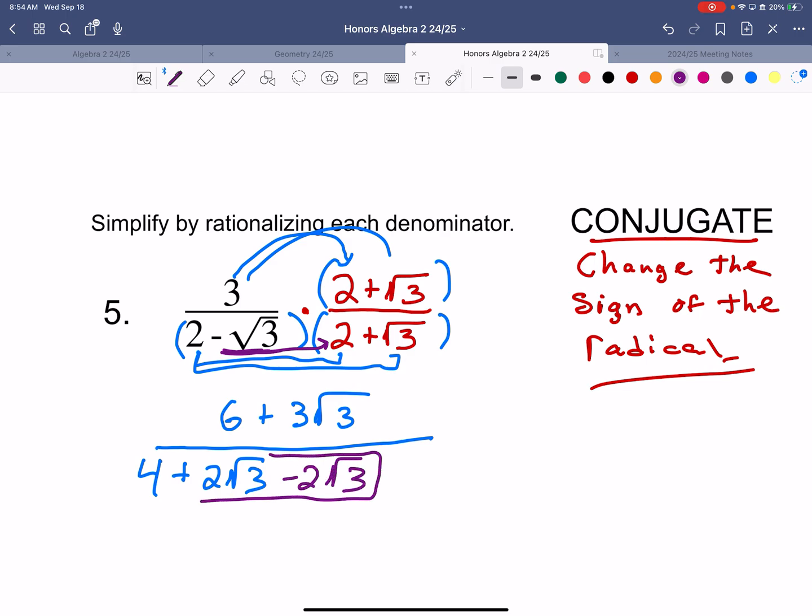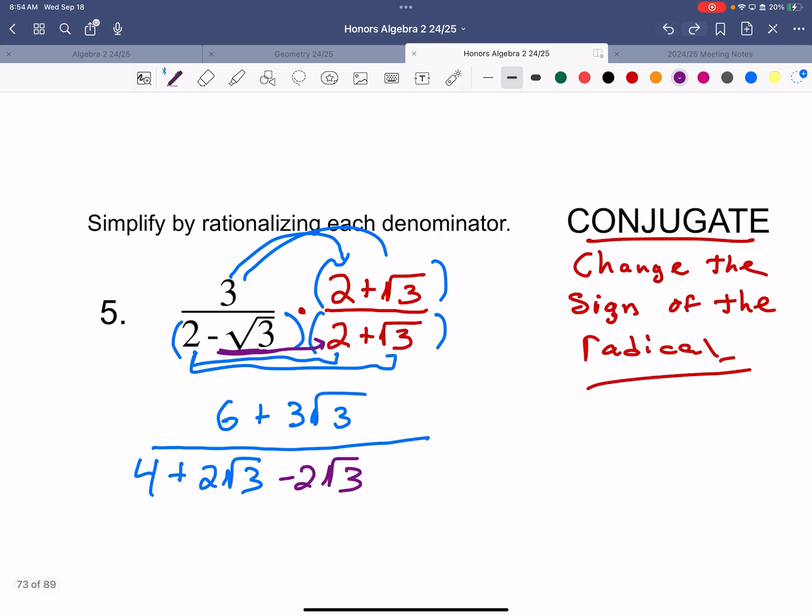So look what's happened to this middle part. Those middle terms are now opposites of each other, and it's going to eliminate that radical. And then we go negative radical 3 times radical 3. That's negative radical 9.